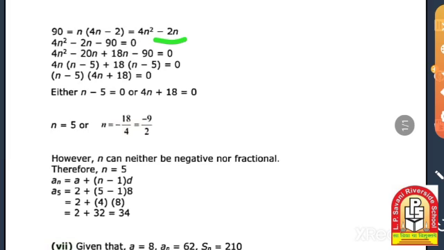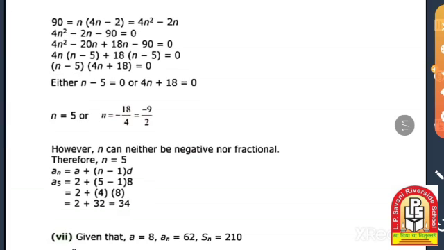So 4n square minus 2n minus 90 is equal to 0. So 4n square minus 20n plus 18n minus 90 is equal to 0. After simplifying this equation, we have to find the value of n. Let's take 4n common from 4n square minus 20n.